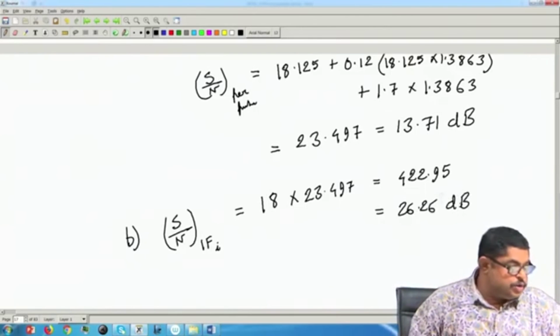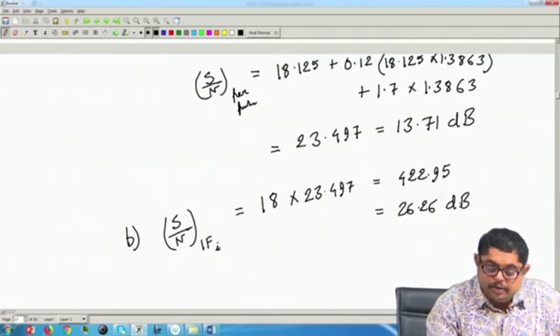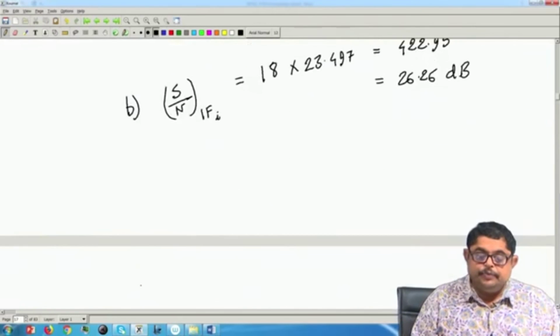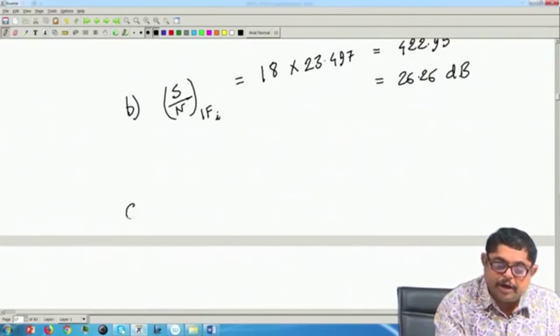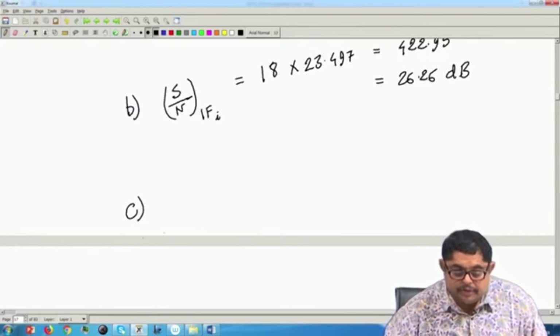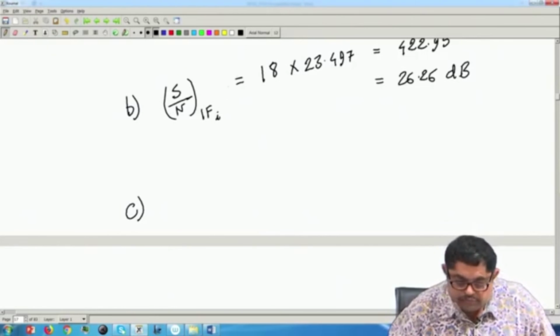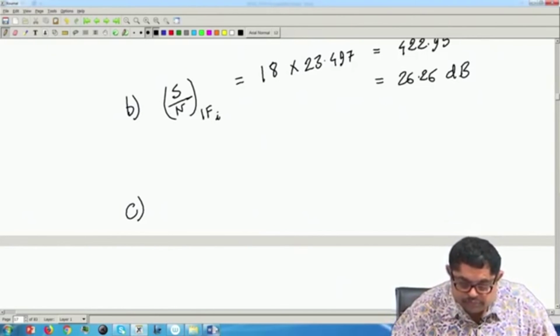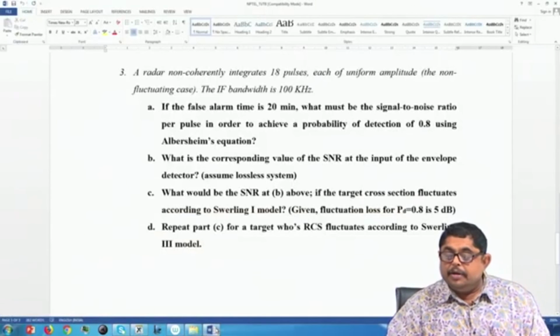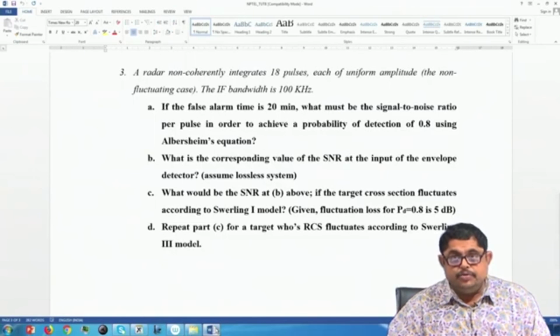Then we should see part C. I think the Swerling model is getting changed. What would be the SNR at B above if the target cross section fluctuates according to Swerling 1 model?